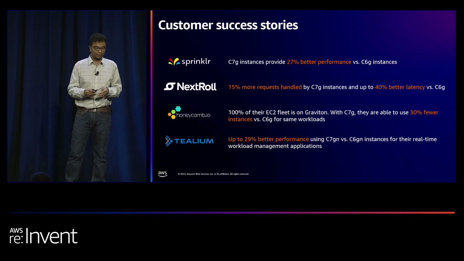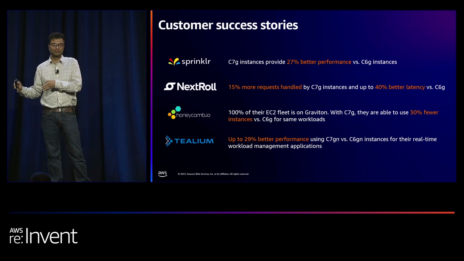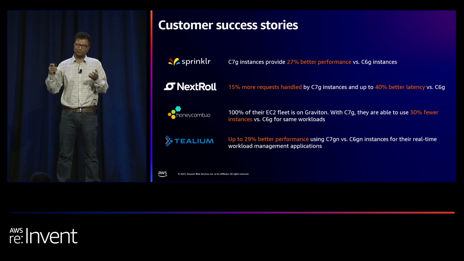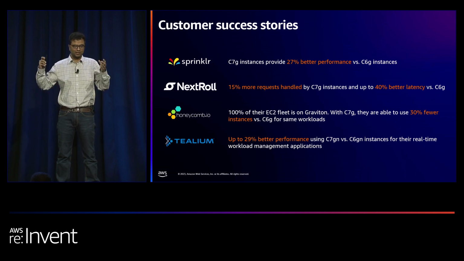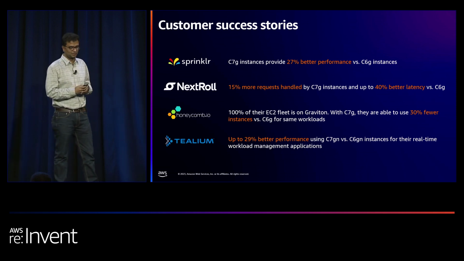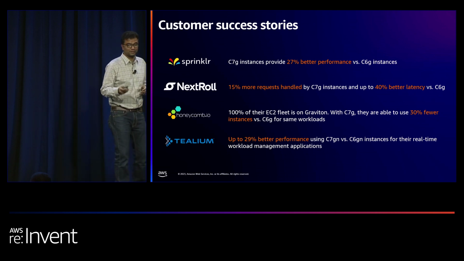A customer like Honeycomb has 100% of their EC2 fleet using Graviton. And because of the performance of C7G instances, they have been able to consolidate their workloads, use 30% fewer instances, and save massive costs versus the C6G instances for the same workloads.